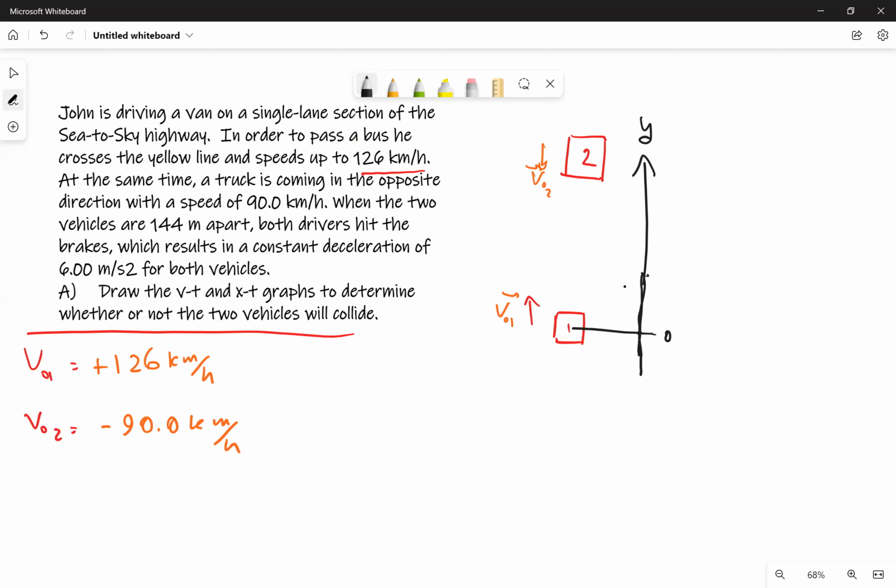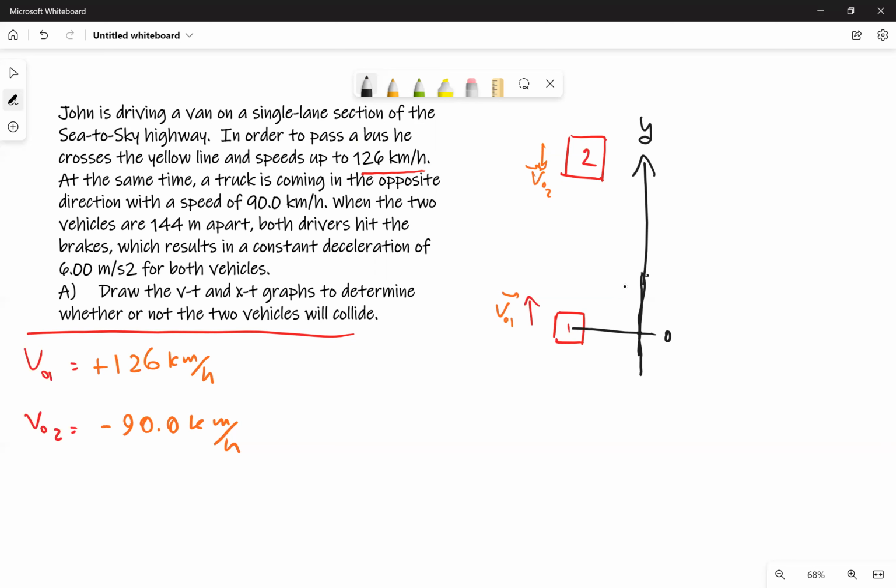As we practiced before in the example of throwing a ball at the edge of a cliff and the ball hits the ground, it doesn't matter where you set your 0 on the y-axis, or any axis for that matter. So that's going to be the 0 on the y-axis.